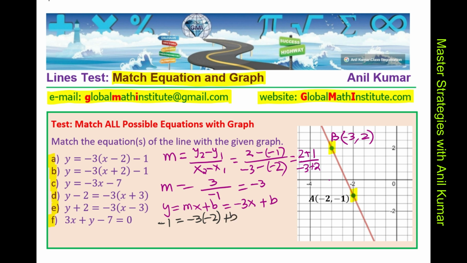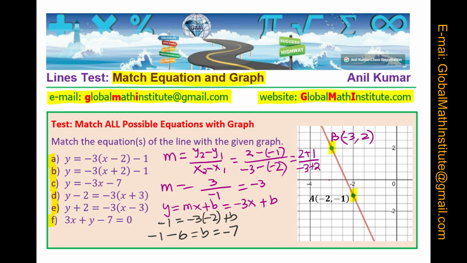So from here, we can get -1, and that is 6, right? Bringing this side, -6 equals b, which is -7. So that gives us the equation as y equals -3x minus 7. So we have y equals -3x minus 7 as option C. So that is for sure the correct equation.